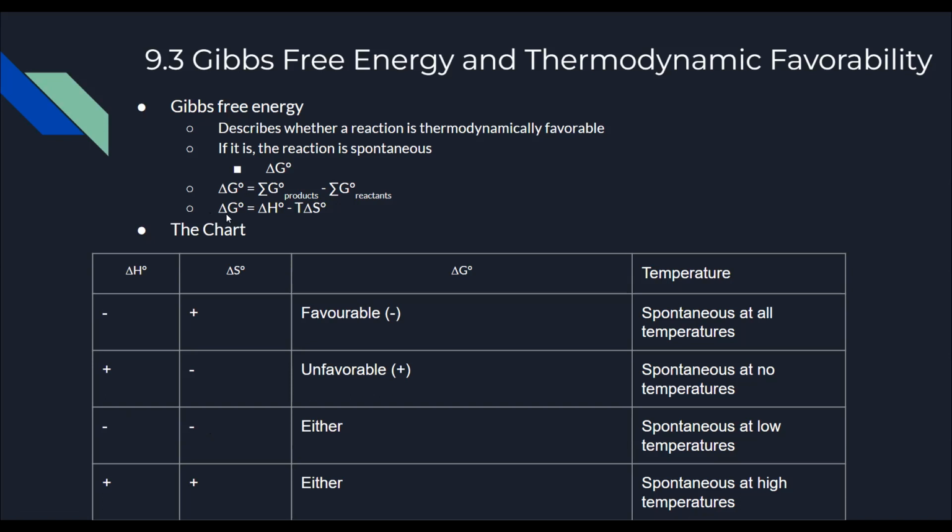So in the equation delta G equals delta H minus T delta S, at low temperatures delta G will be thermodynamically favorable, because at higher temperatures the T delta S term makes delta G positive. So delta G is only spontaneous at low temperatures.